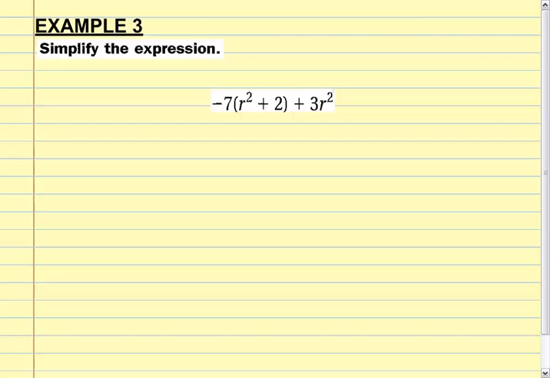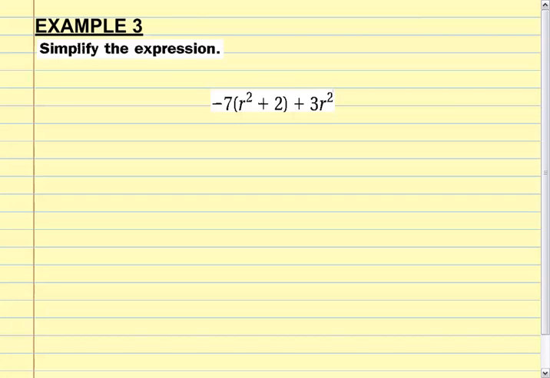Simplify this expression. Wow, simplify. What does simplify mean, Emma? PEMDAS. First thing. Can I do anything inside of the parentheses, Emily? r squared plus 2. Can I do anything in there? No. Are there any exponents that I can simplify?